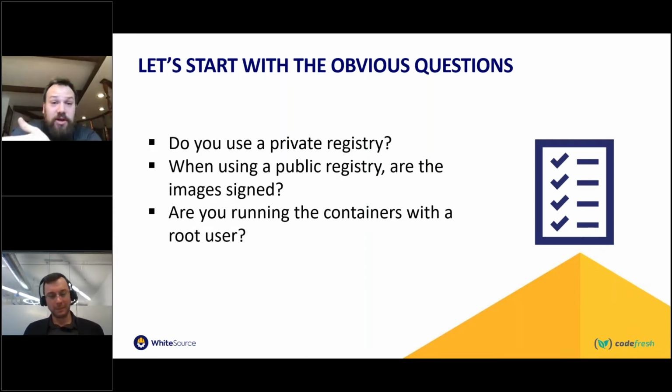But just because your images are immutable doesn't mean that a vulnerability exploit wouldn't modify it, right? Because if someone is able to gain access to your container and change it on the fly, you won't necessarily know about it unless you have some kind of service checking to make sure that there's not drift of any kind.